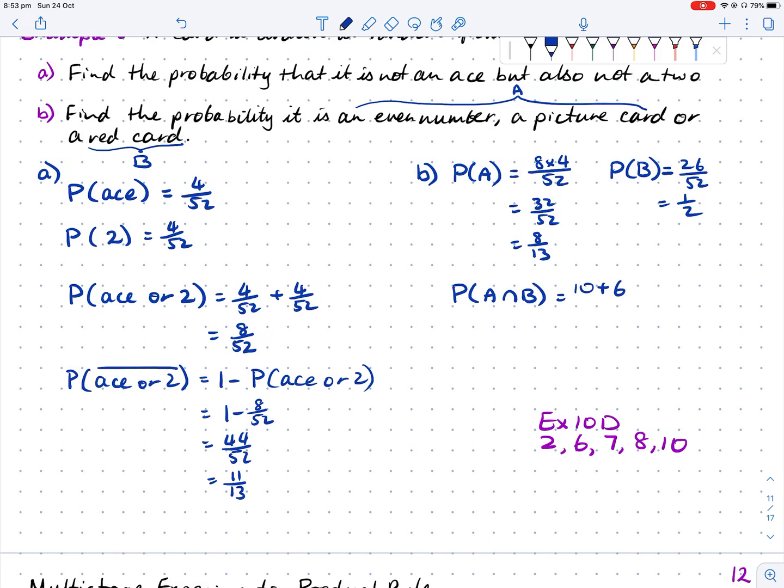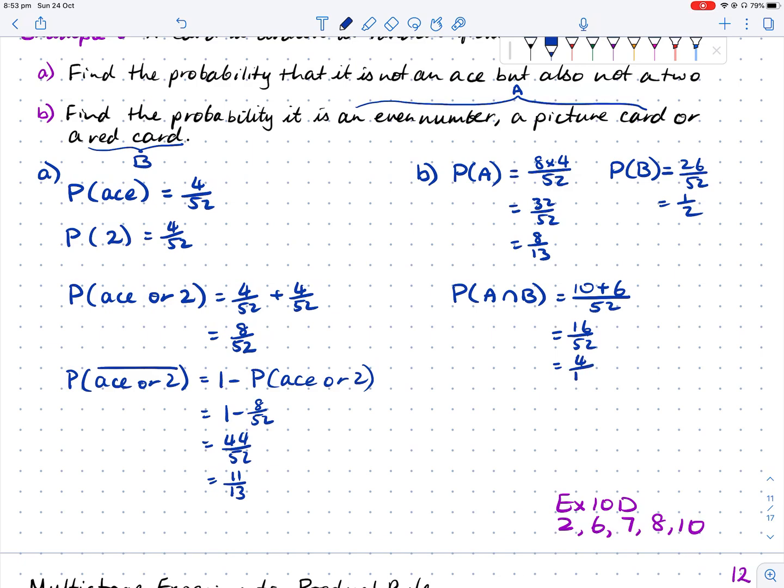So that's going to be 6 red picture cards, and that's over 52. That's 16 over 52. If we simplify that, that comes out to be 4 out of 13.